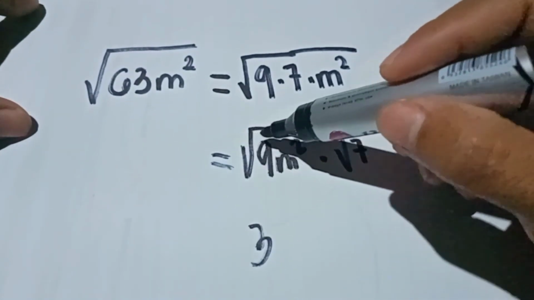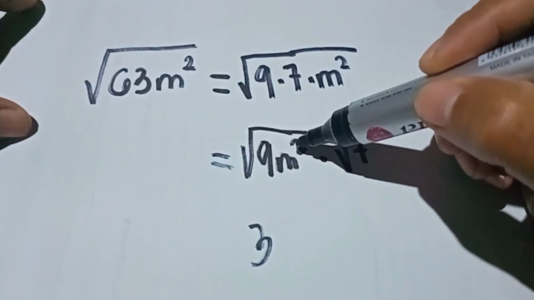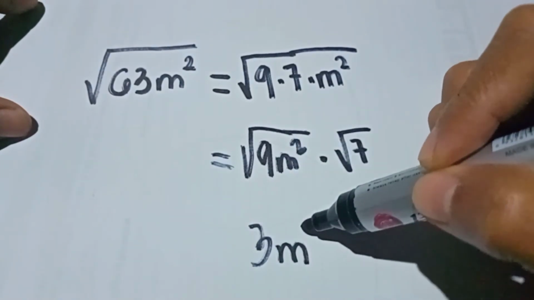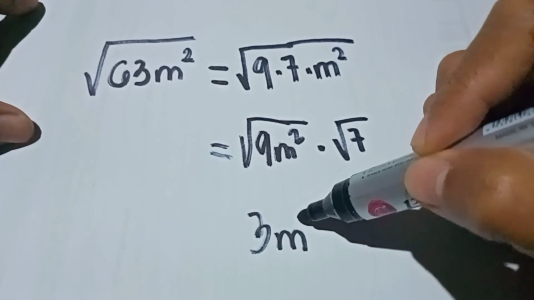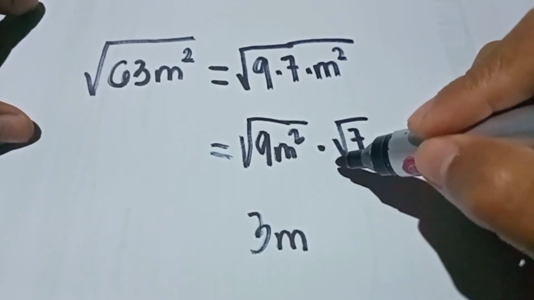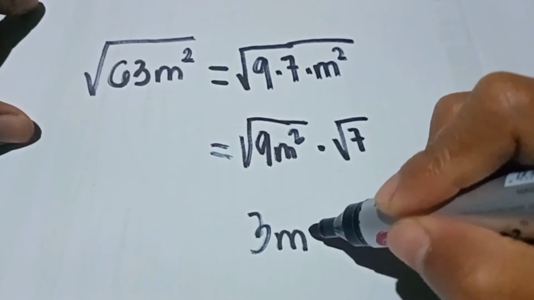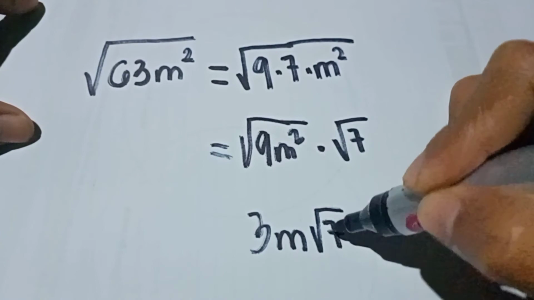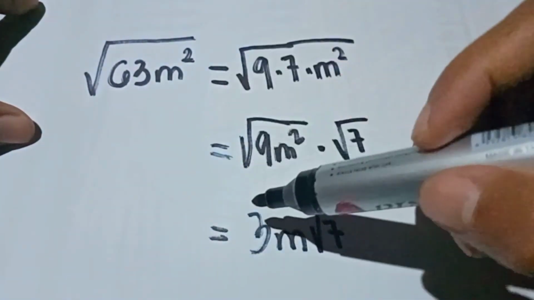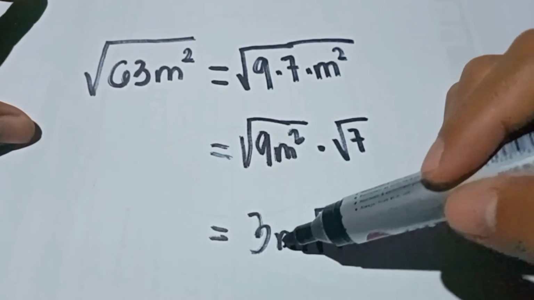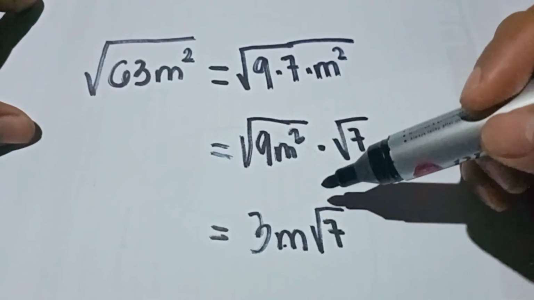So, 2 divided by 2 is 1. Kaya, ang ilalagay natin dito ay m na lang, kasi understood na yan dito na mayroon 1. Then, copy the square root of 7. So, ito na ang ating final answer ngayon: 3m square root of 7.